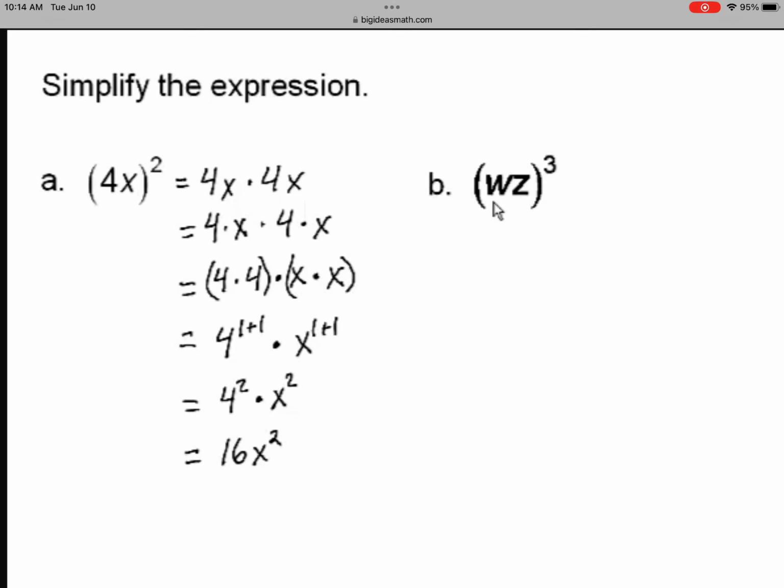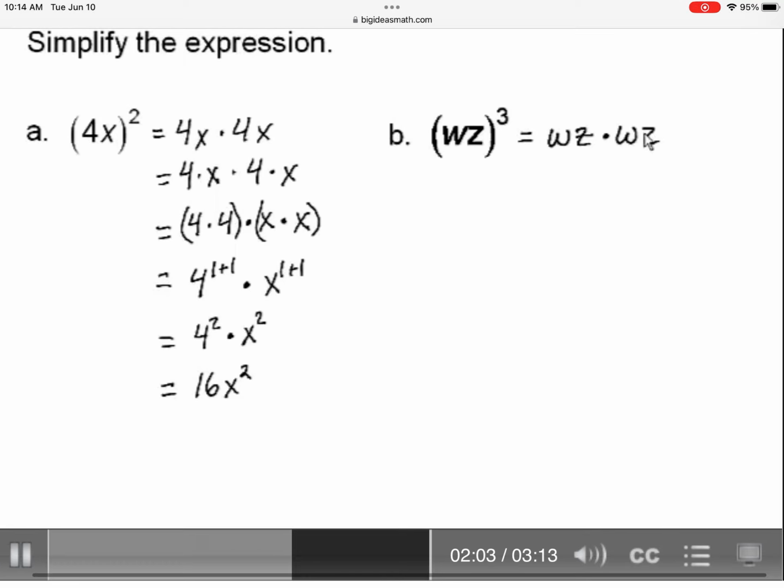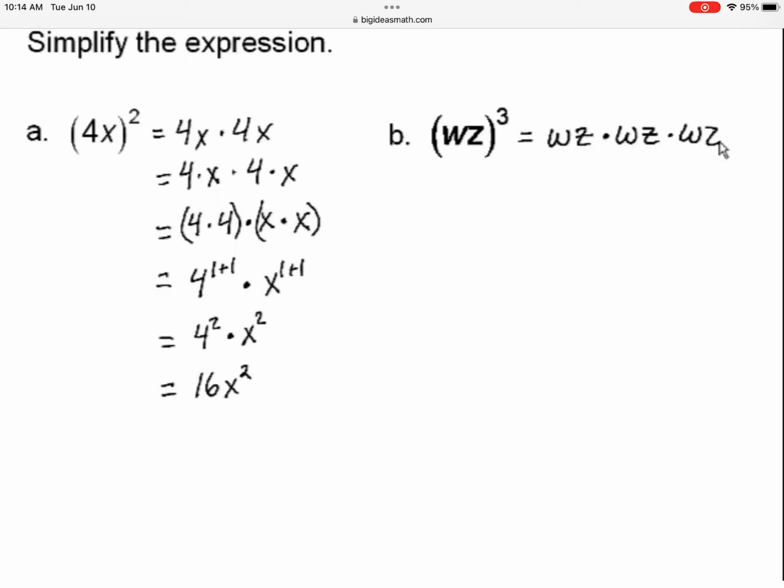The expression is the quantity w times z cubed. The exponent of 3 tells us to use w times z as a factor 3 times. So rewrite the expression as repeated multiplication. We have wz times wz times wz.